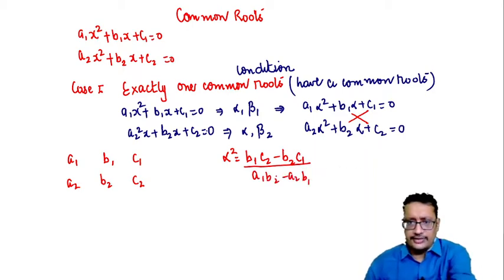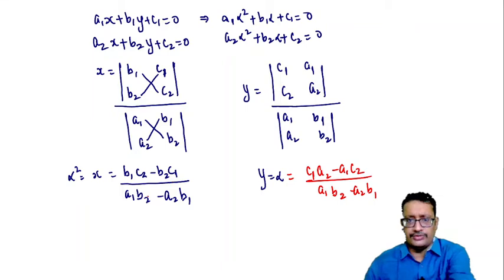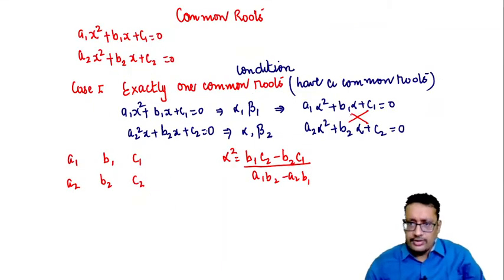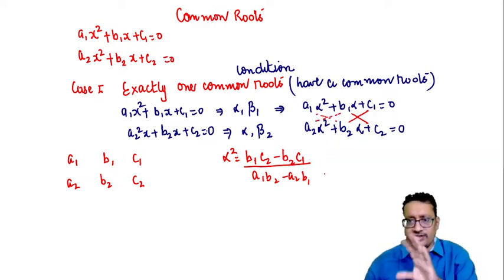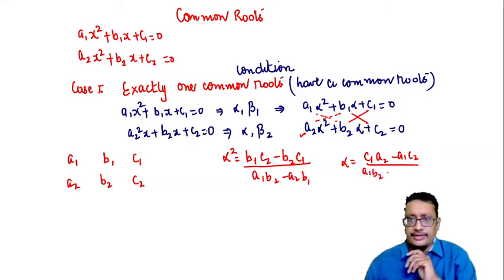You will find b1 c2 minus b2 c1 upon a1 b2 minus a2 b1 by cross multiplication of the coefficients, just check it. Now I'm writing alpha: c1 is multiplied with a2, so alpha is c1 a2 minus a1 c2 upon a1 b2 minus a2 b1.